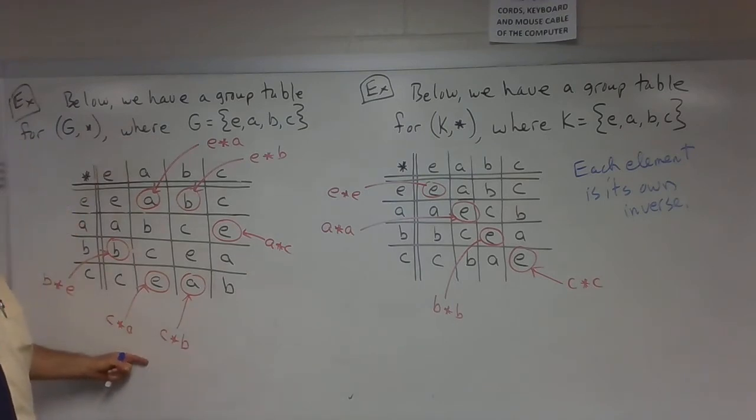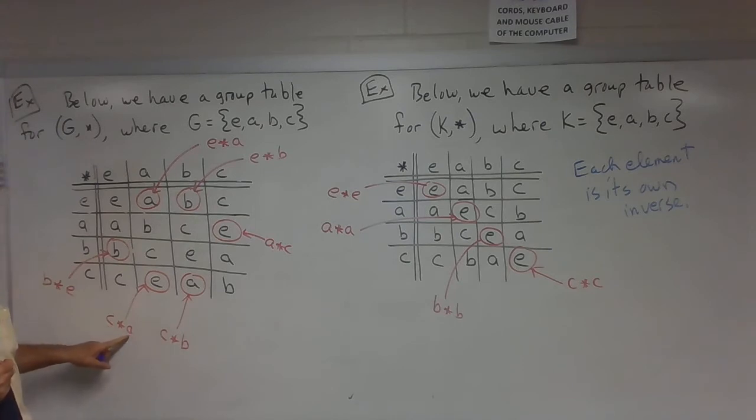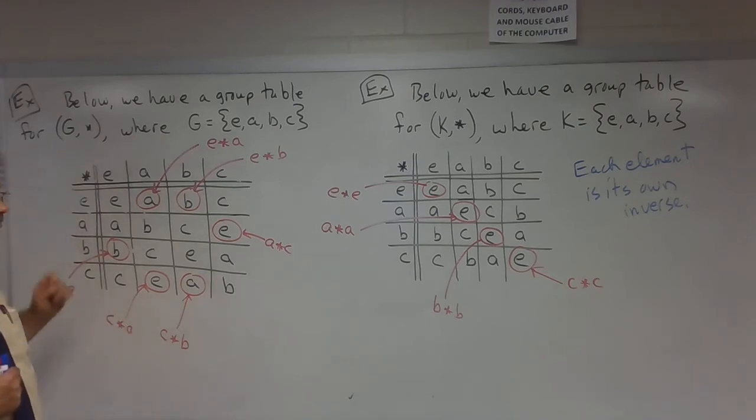That doesn't happen here. For example, C star A is the identity. So A is the inverse of C, C is the inverse of A. So in this table, it's not true that every element is its own inverse.